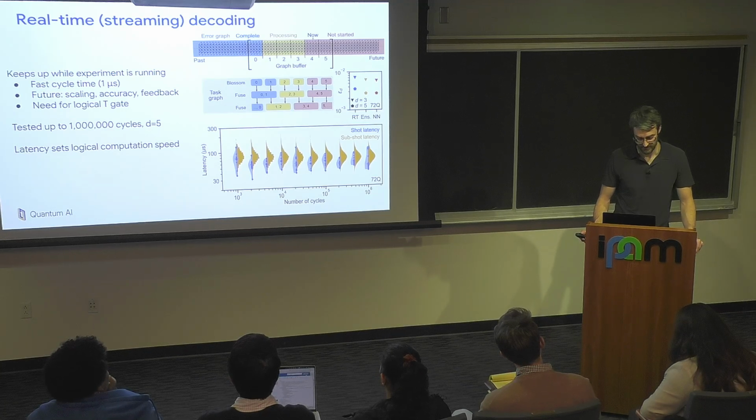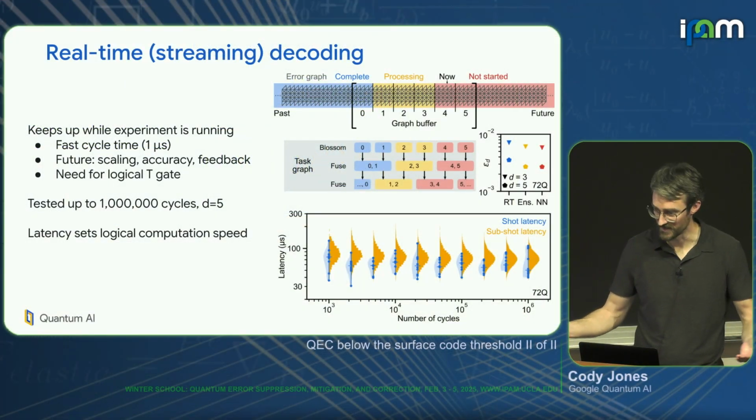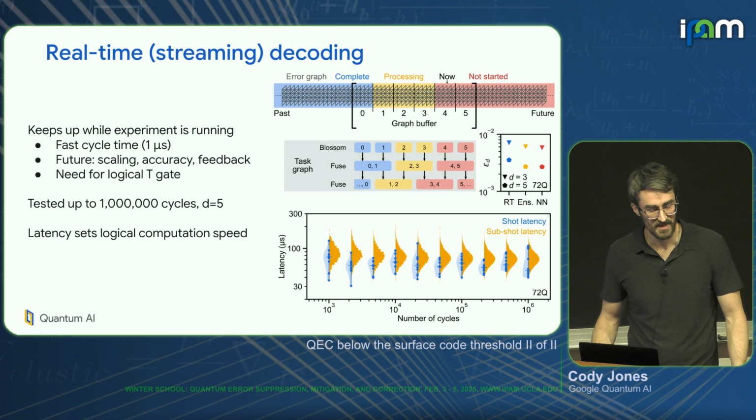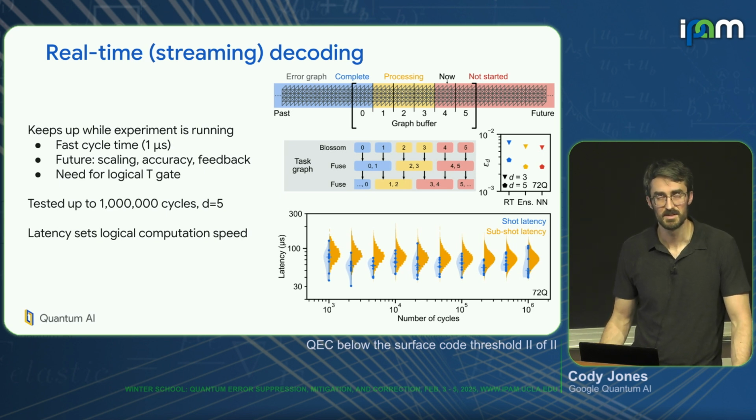There are two effects that we hope, and I think anyone working in the field hopes, will cancel out. That is that decoding gets harder as you make your codes bigger, but decoding gets easier as your error rates get lower.